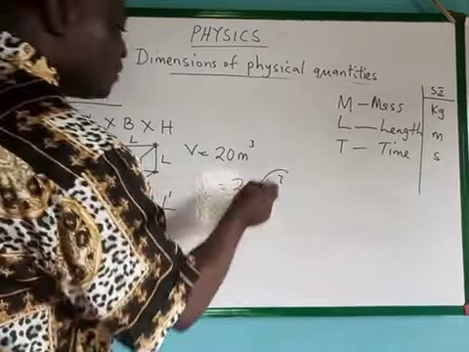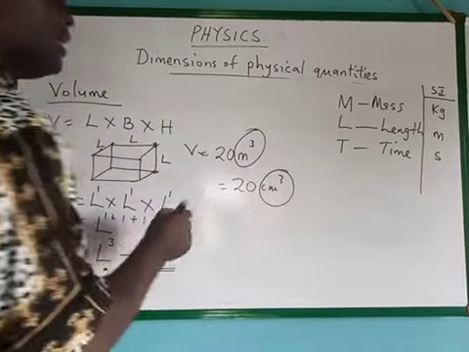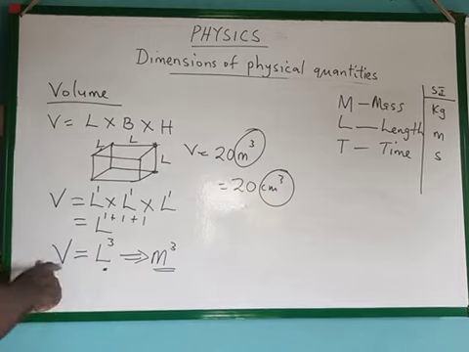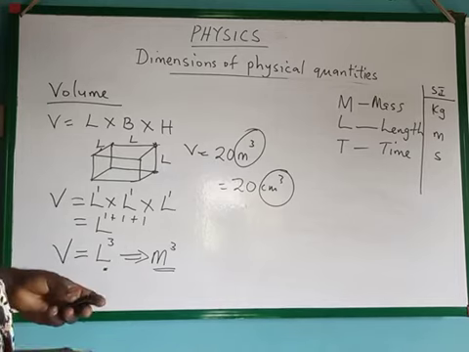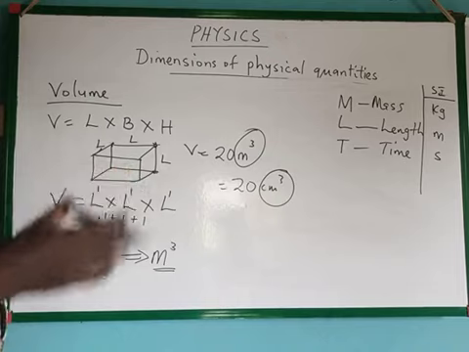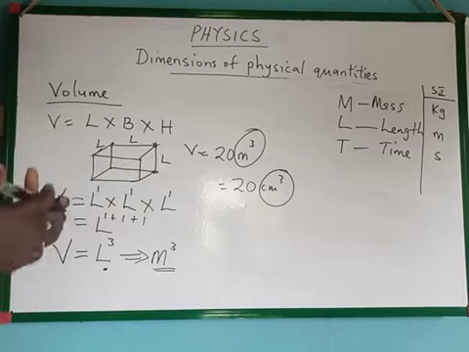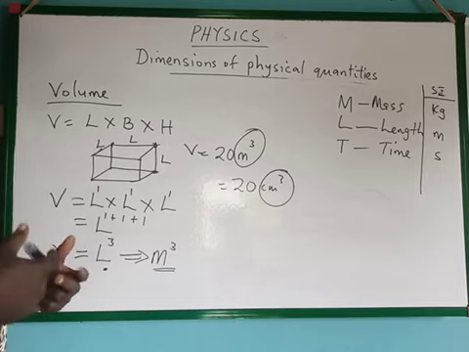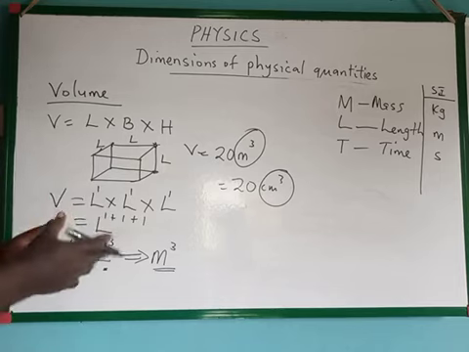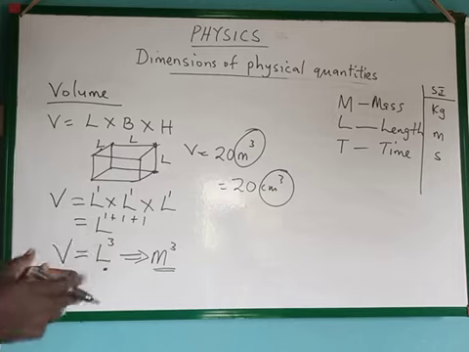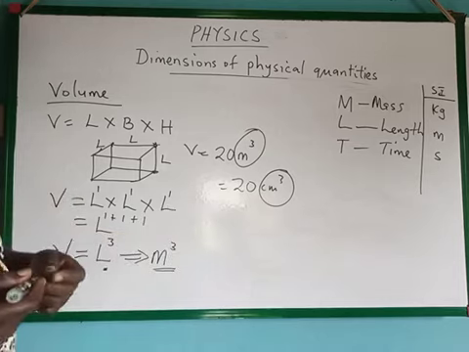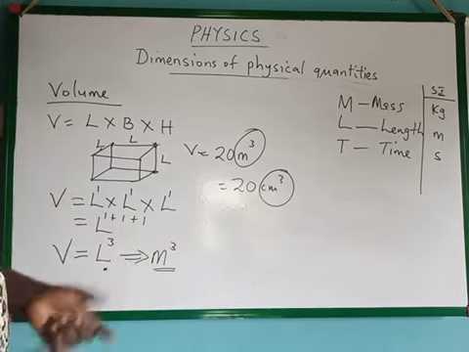So this cube, the length cube, is gotten from the dimensioning of volume. You see, while I said that the essence of dimensions of physical quantity is for you to be able to know the content or the constituent of such a physical quantity, and as well to be able to generate its SI unit if you do not know or if it is confusing.